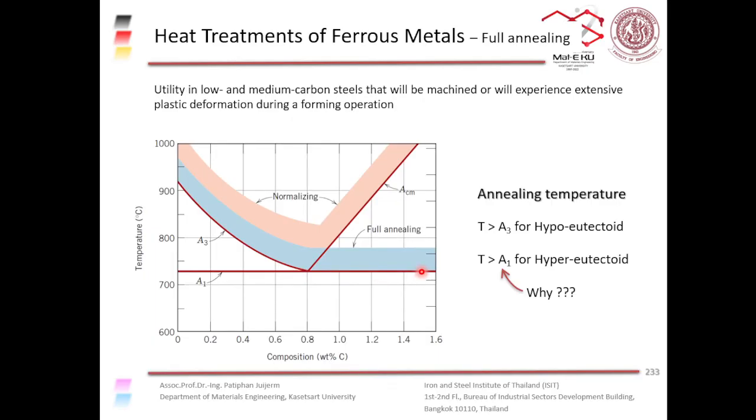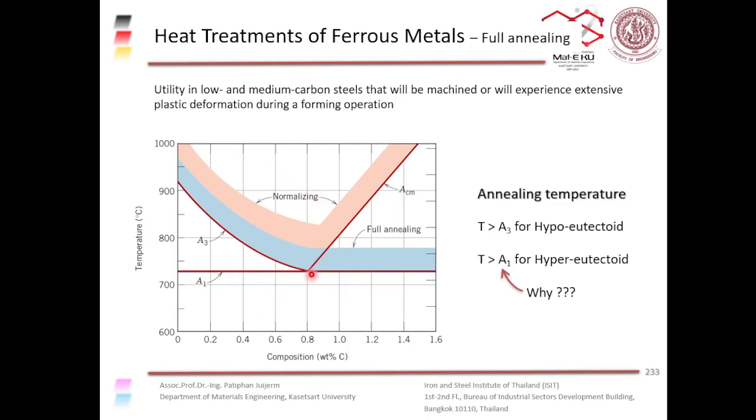So you have to get rid of all the alpha phase, and when you get rid of the alpha phase, all the alpha phase will turn into gamma phase, right? When you heat above A3 line, all the alpha or ferrite will turn into austenite.